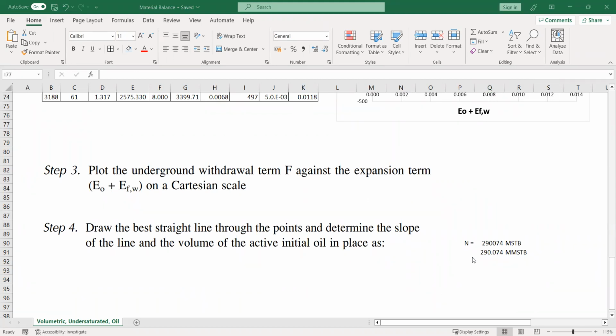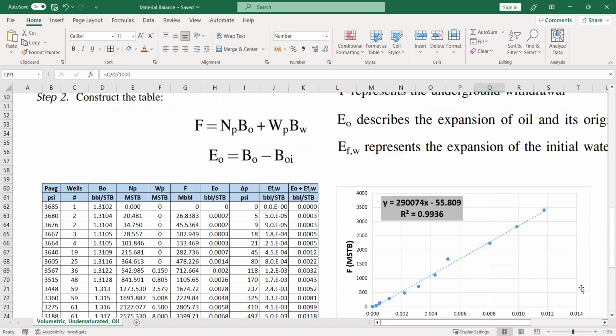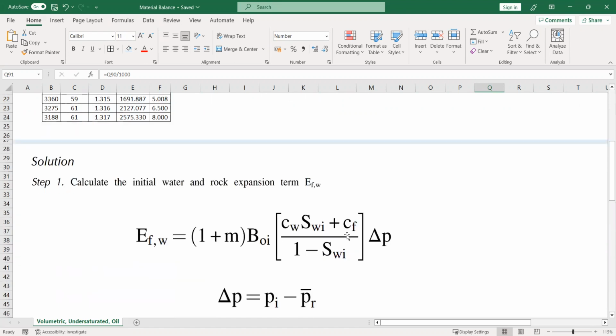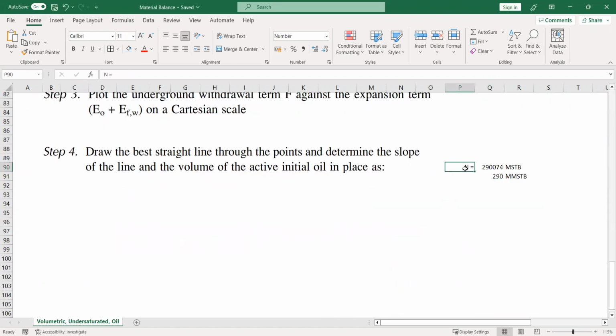Okay, which is very close with the initial value that we have based on the geological volumetric calculation, which is 293 MMSTB. All right, so this is my take. My active oil in place is 290 MMSTB.